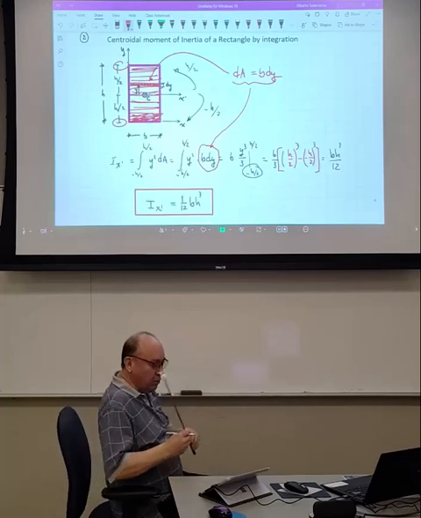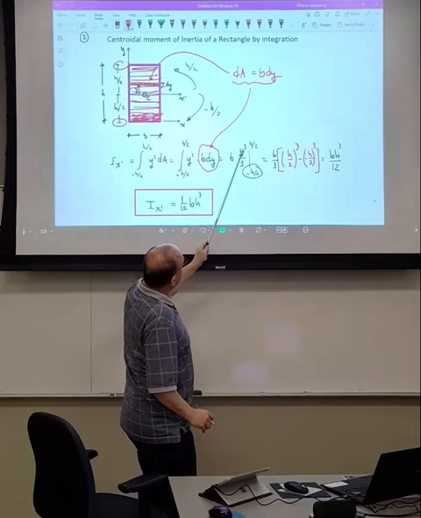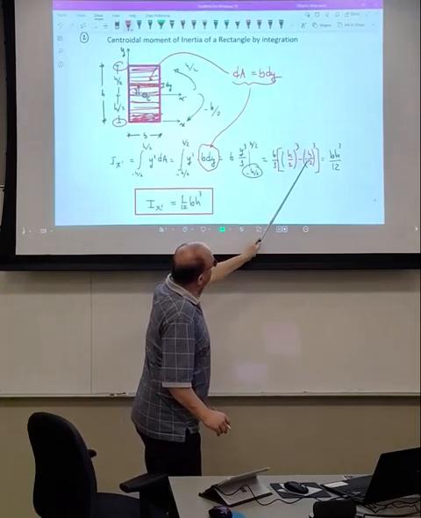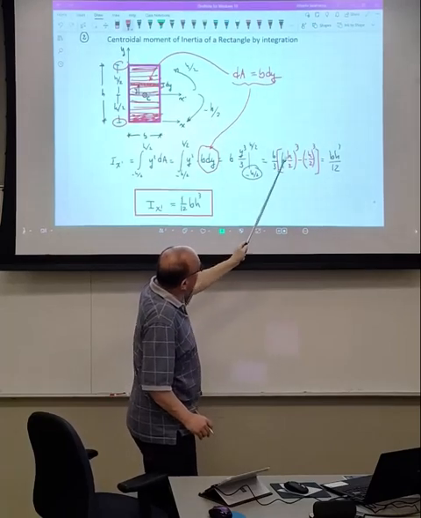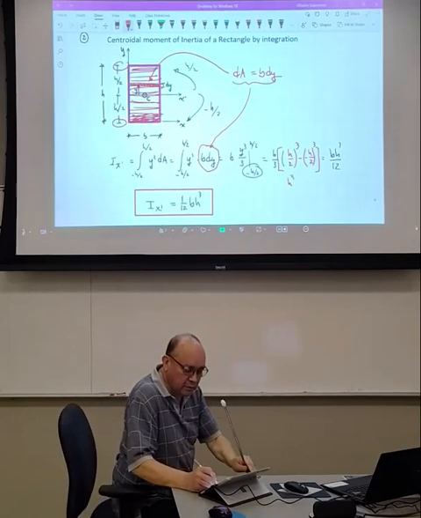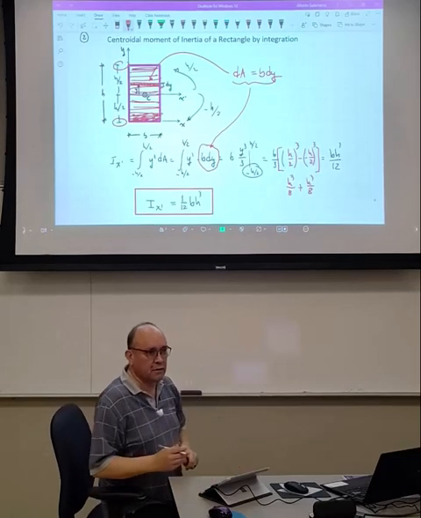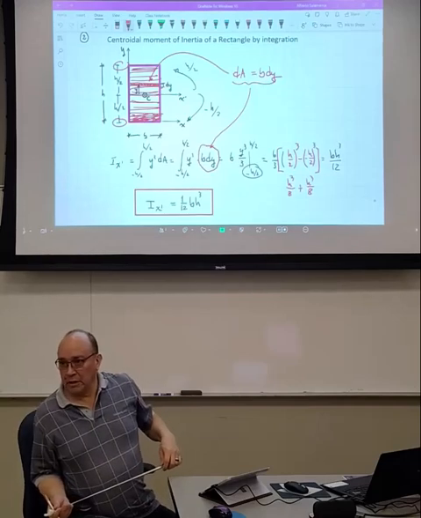In order to evaluate the integral, you replace the variable by the limits. h over 2 cubed minus minus h over 2 cubed. And then you get h cubed over 8 plus h cubed over 8. That's how you get the h cubed over 8 plus h cubed over 8 here. Good? Everybody good?